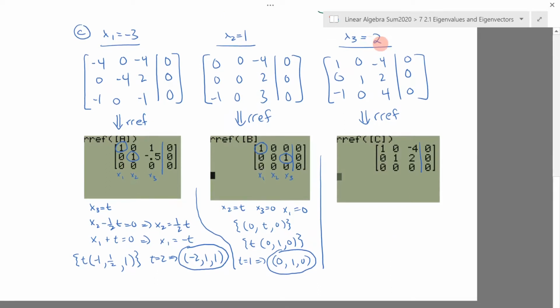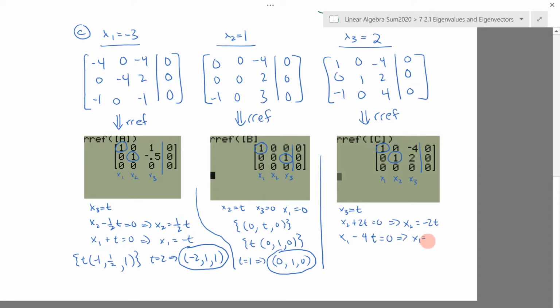And then okay, so now I need to do this one. Right, so leading one here, leading one here. That means that x3 is free. So x3 is equal to t. And then I have x2 plus 2t is equal to 0. That means that x2 is minus 2t. And then first row, x1 minus 4 x3, which is t, equals 0.